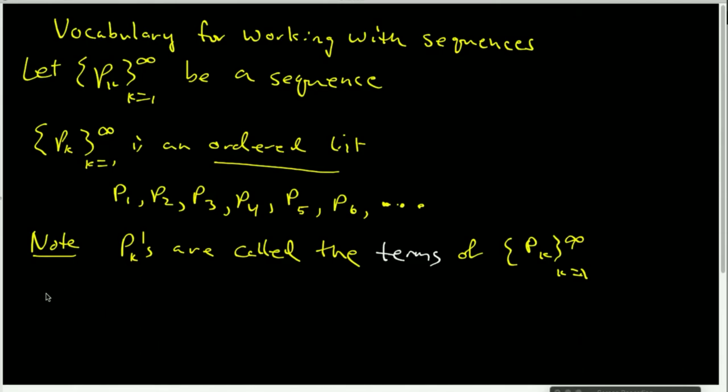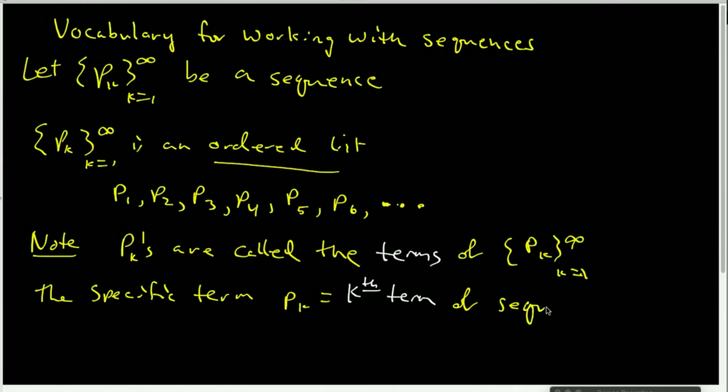And the specific term pk is called the kth term of our sequence. So as an example, P4 would be the fourth term of the sequence.